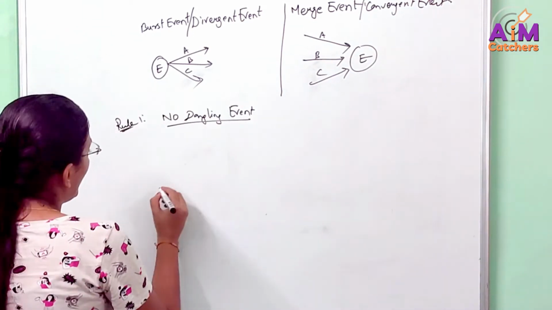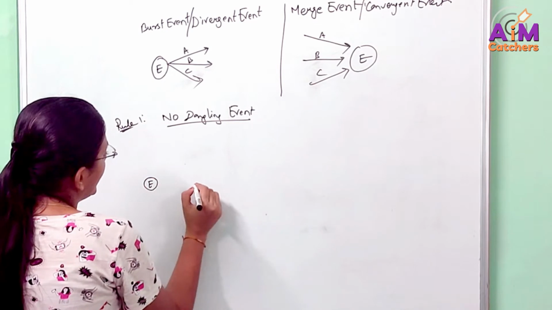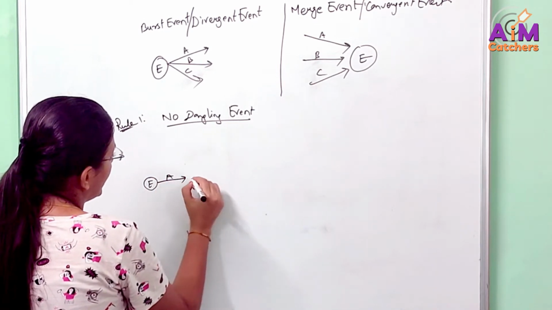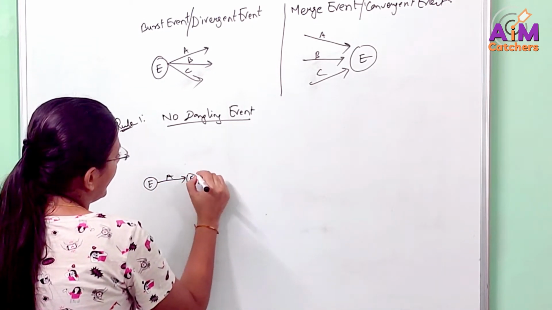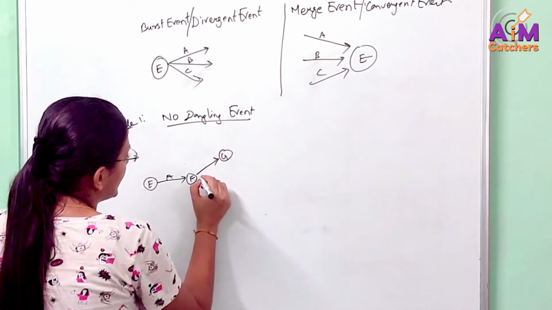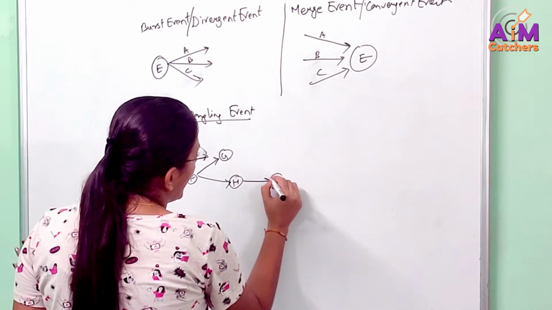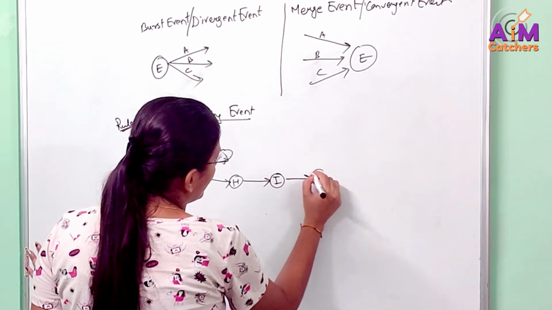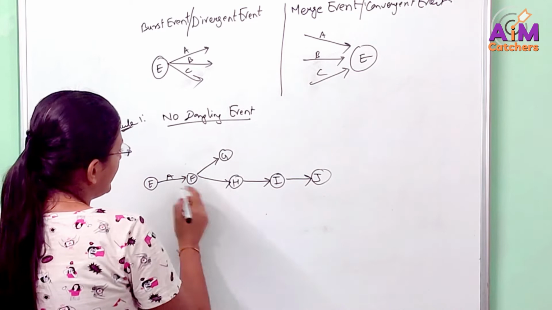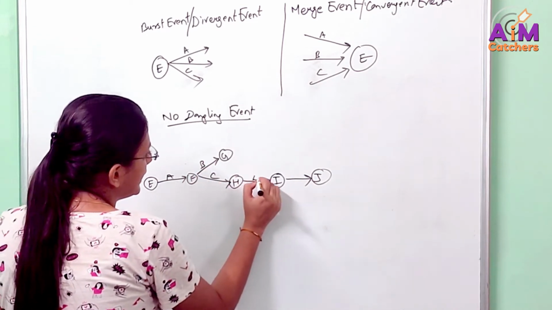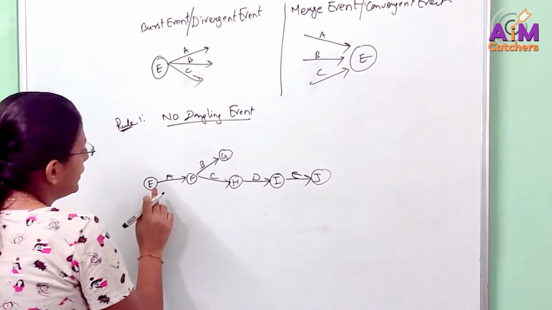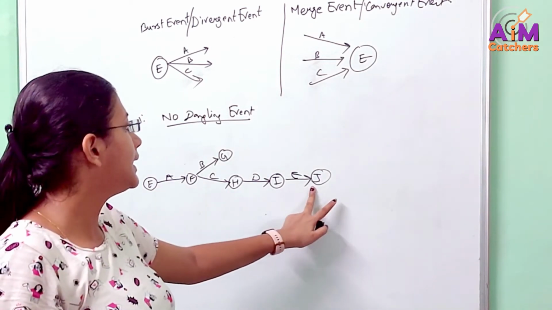Say we have a sequence of events, E, that is leading to activity A, then we have F, then we have G as another event, H is another event, I and J. These are the sequence of events, with activities A, B, C, D, E. So this is the first event, this is the last event.